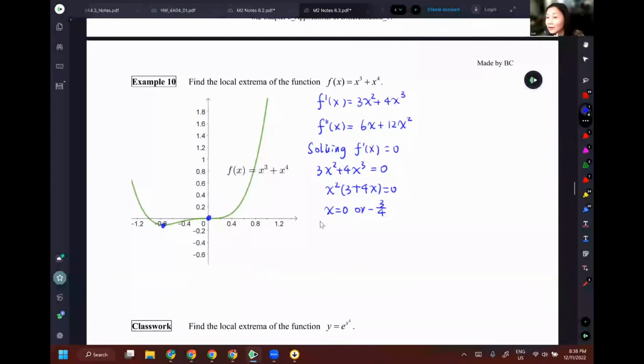Now, is it a maximum or a minimum? How do I know? Test.